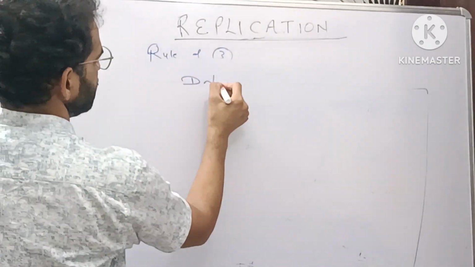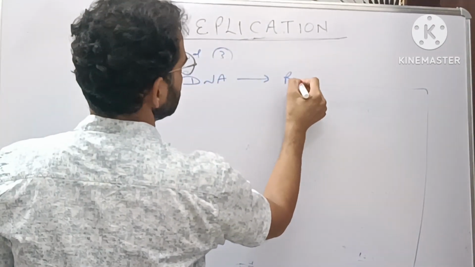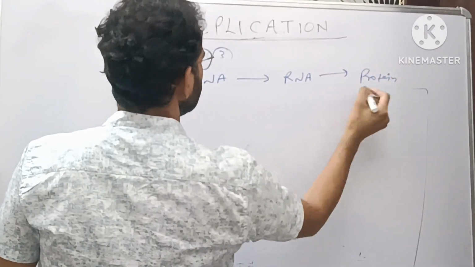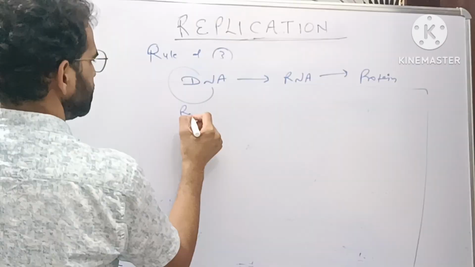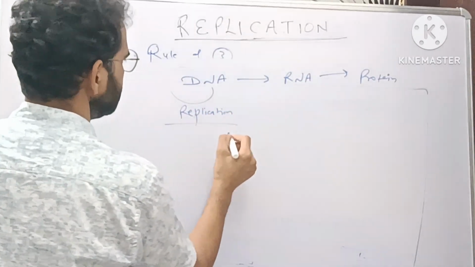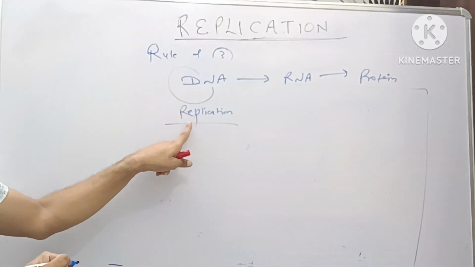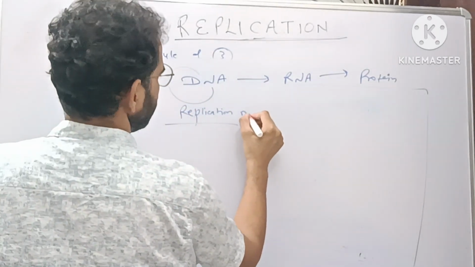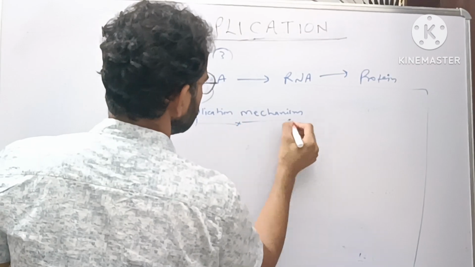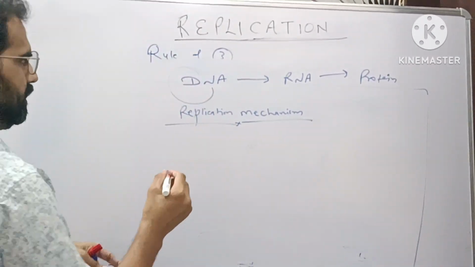So from DNA to RNA to protein. DNA to DNA is known as replication of the DNA. So we have some mechanisms through which DNA makes multiple copies.